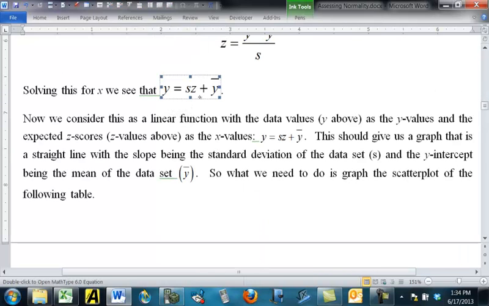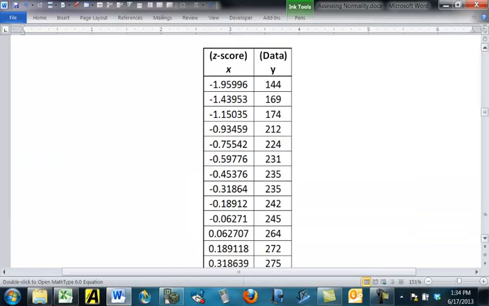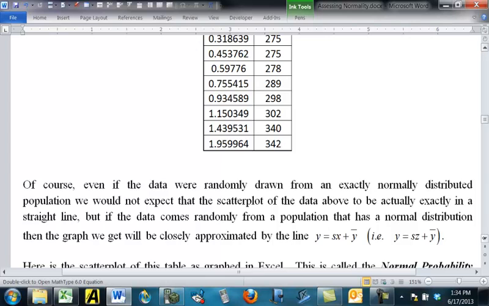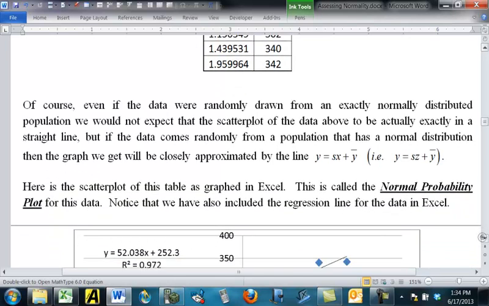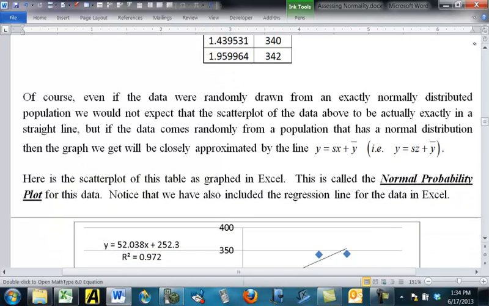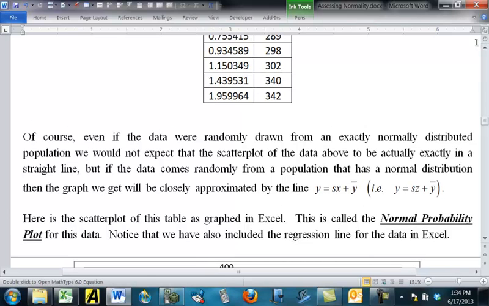Well, not exactly that line, because it's an approximation. Even if the data were actually randomly drawn from an exactly normally distributed population, we still wouldn't expect just a random sample to exactly fit on this line. But if it comes randomly from a population that has a normal distribution, the graph should be approximated well by this line.